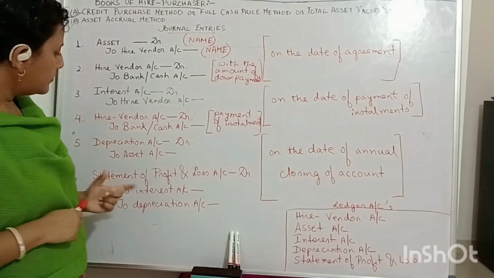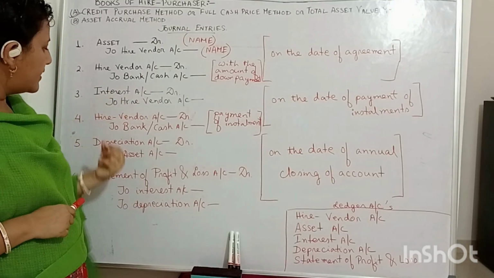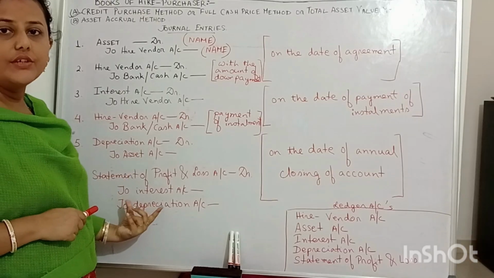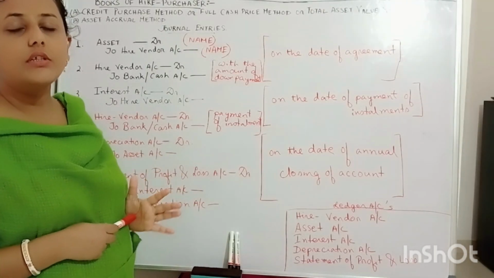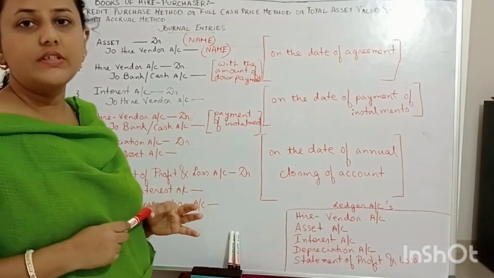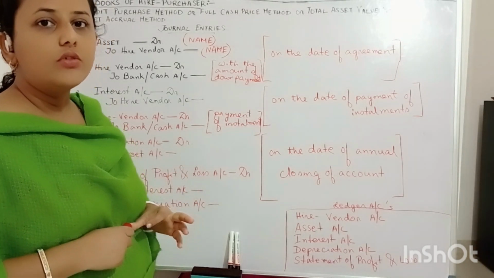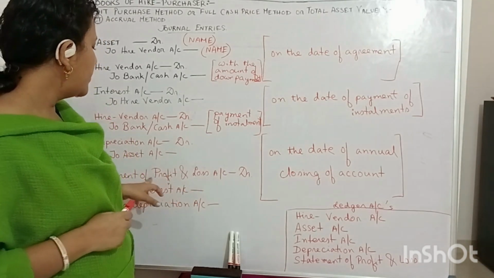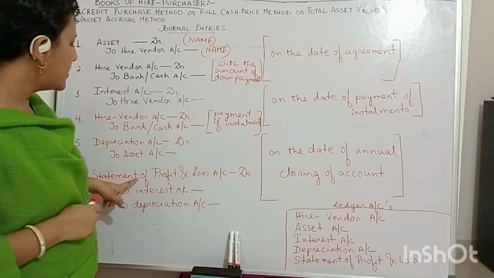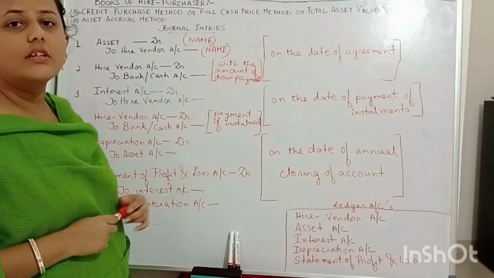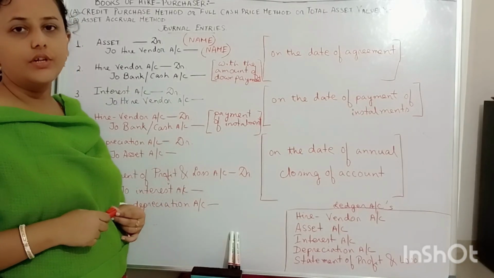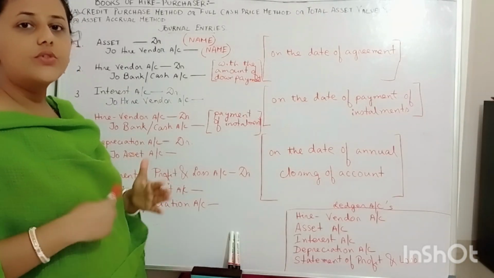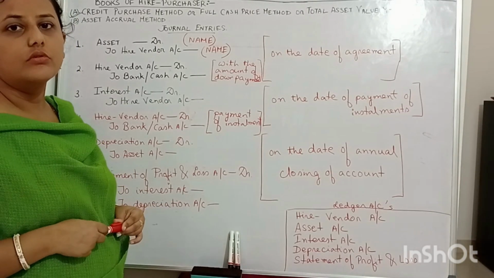Then you see the amount of interest and the amount of depreciation. We write interest and depreciation in the profit and loss account debit side. Yes or no? So it is transferred to profit and loss account. You see statement of profit and loss account debited to interest account, to depreciation account. It is transferred to profit and loss account.